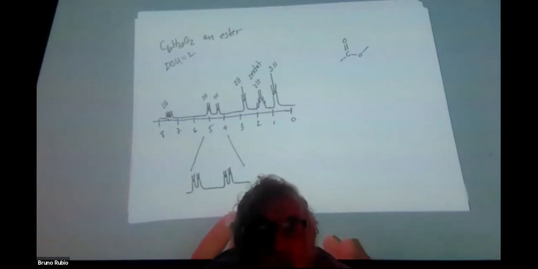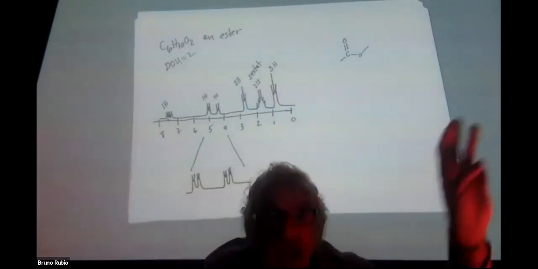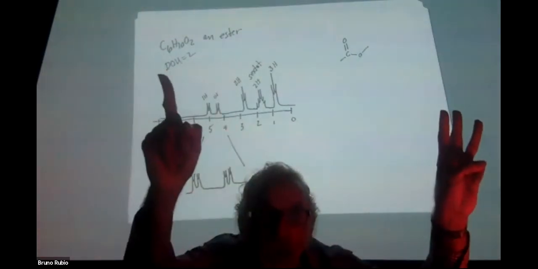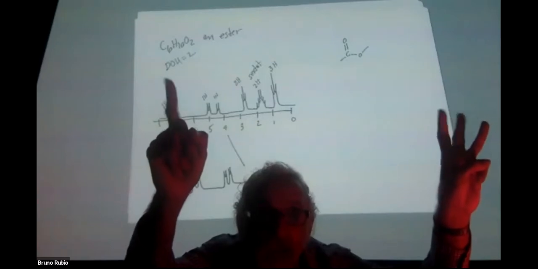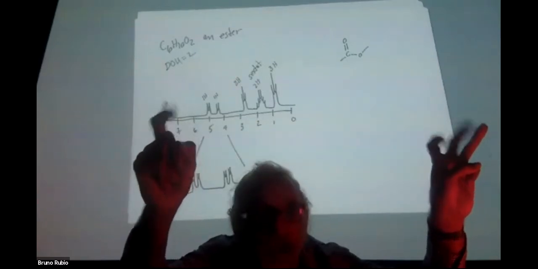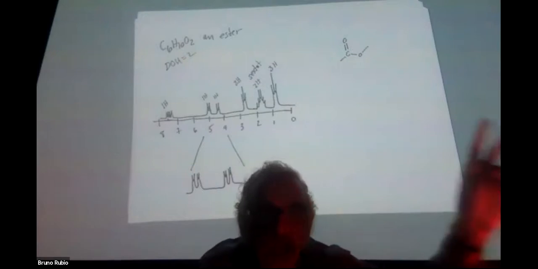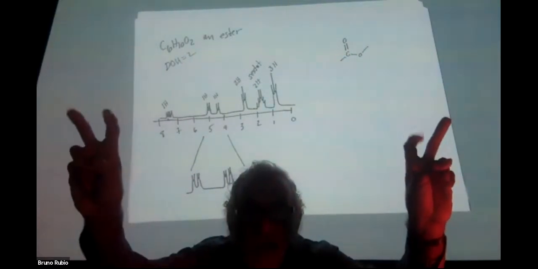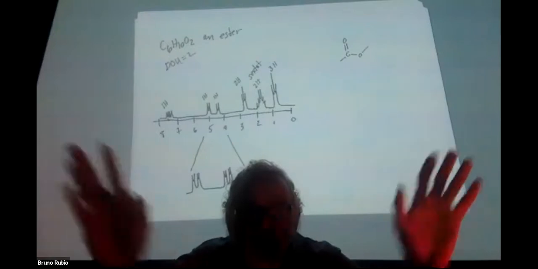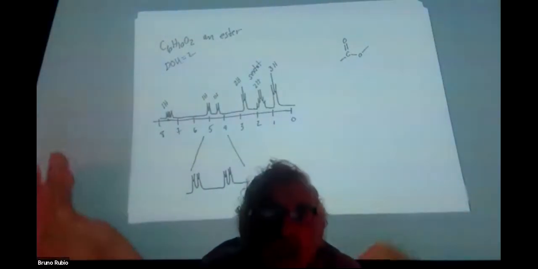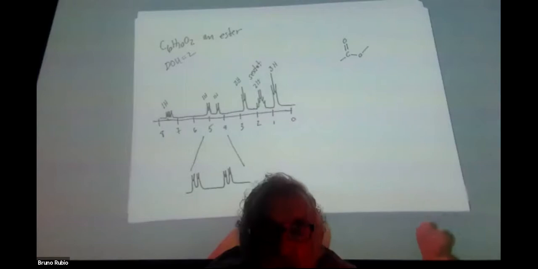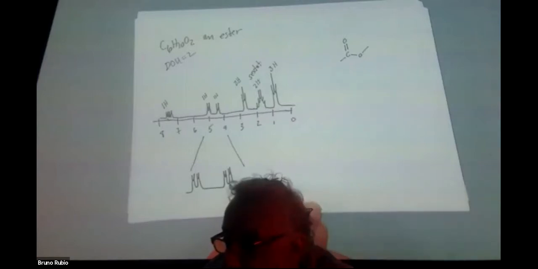A quintet means the proton would have 4 neighbors. So when we see a quintet, it could be 3 over here and 1 over here, but their coupling constants are all equal to each other, and that's why it looks like a quintet. We could have a real quintet with 2 over here and 2 over here, a total of 4, and they could be equivalent to each other. That could give us a quintet, but we also could have a complex splitting multiplet that looks like a quintet.